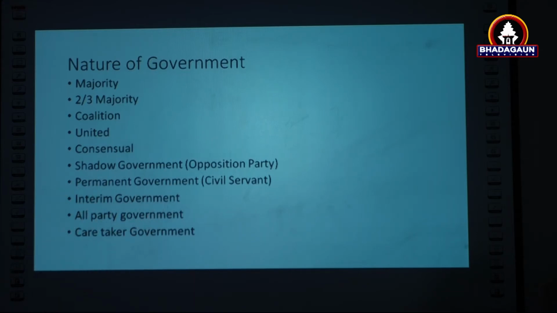And interim government, interim means interim, that is made for temporary purpose. Interim government was also made after the People's Movement first and People's Movement second, and also after People's Revolution 2007. All party government, नेपाली सर्वदलीय सरकार पनि भन्छौँ, सबै दल सम्मिलित भएको.